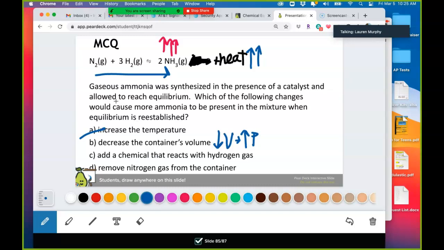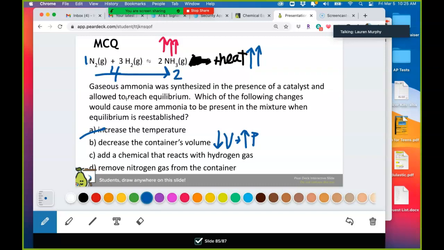Okay, now when you increase the pressure, how many gas particles you have plays the role in which side is the most stressed. So as reactants, I have 1 nitrogen and 3 hydrogens. So there's 4 gas particles over here running around. My product side has 2 running around.